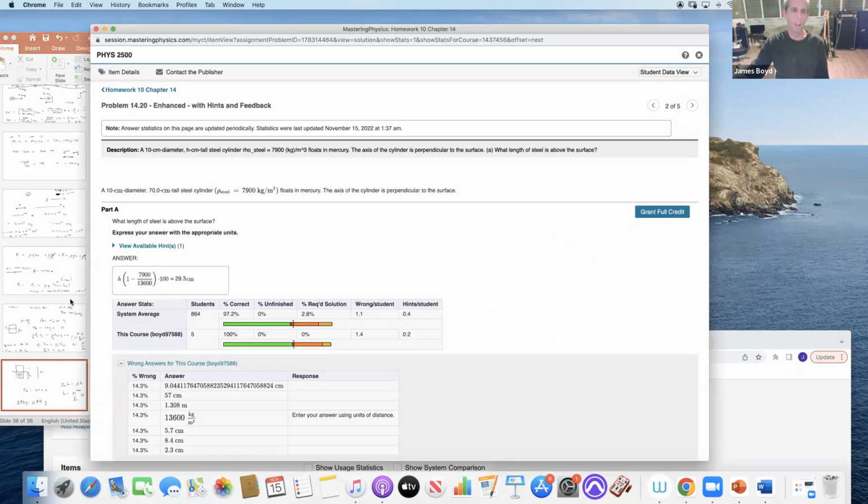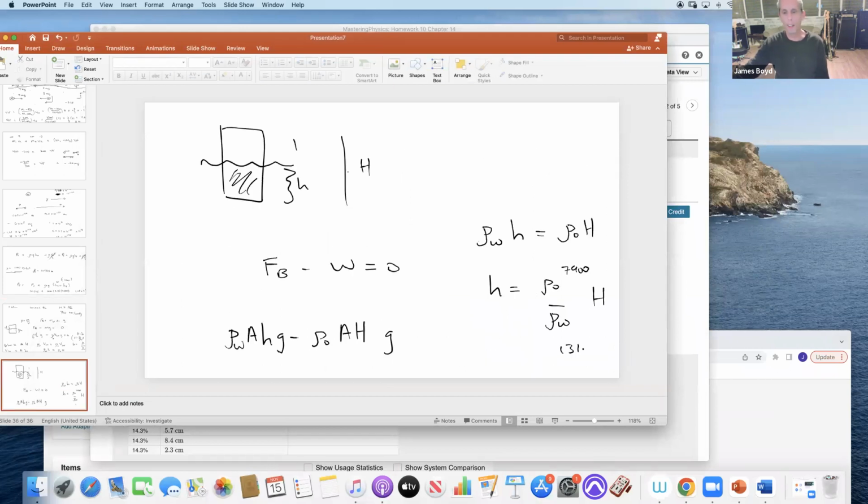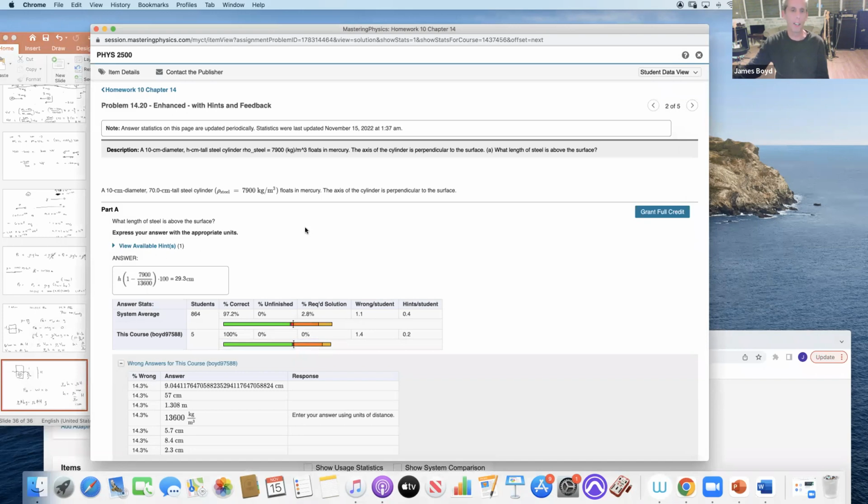But this is mercury. Mercury is 13,600. So 13,600, and the height of the entire cylinder was 70. So 7,900 divided by 13,600 times 70 centimeters, which is 40.7.